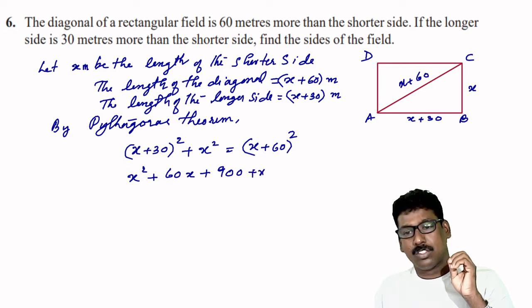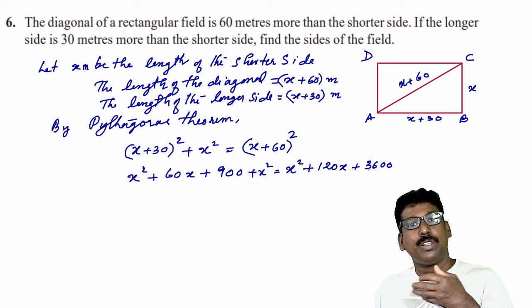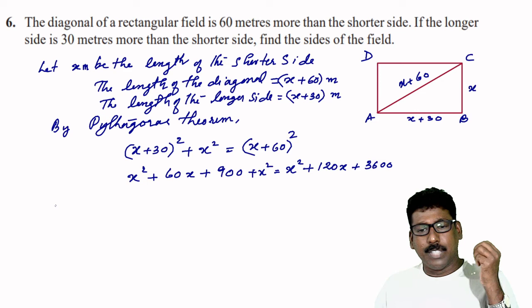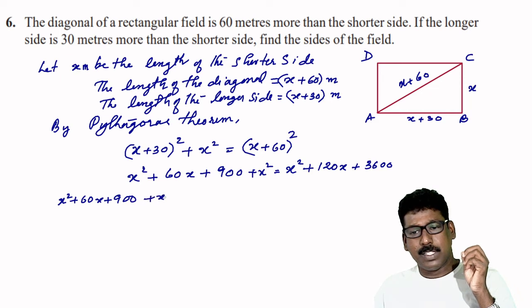Then plus x square is equal to x plus 60 whole square, you can write it as x square plus 2 into x into 60, it is 120x, plus 60 square is 3600. Now take all terms to one side, that is x square plus 60x plus 900 plus x square.